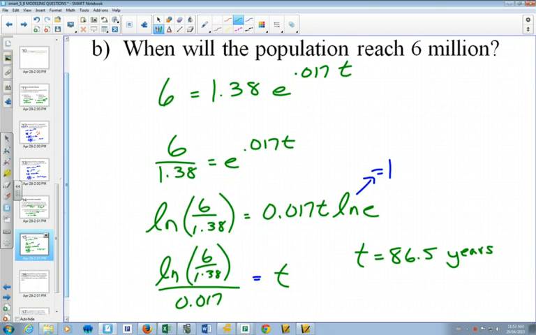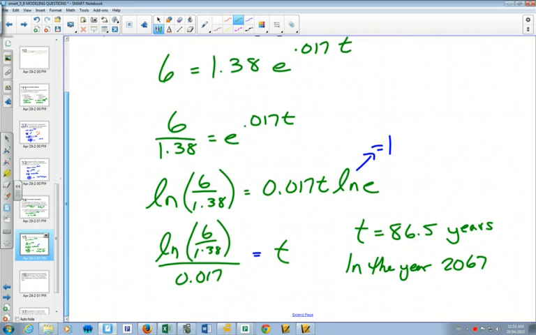So if we do that, 1981 plus 86.5 years, that is now 2067.5. But if I write in the year 2067 or between 2067 and 2068, that's probably even a nicer way of writing it.